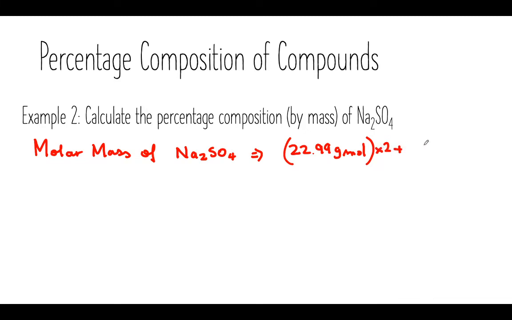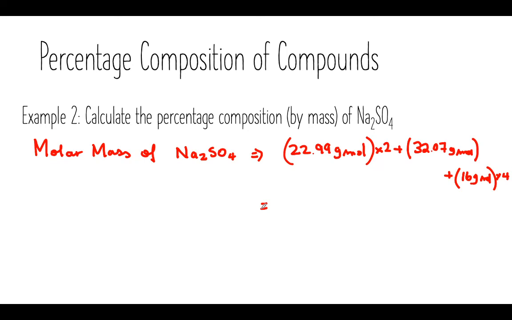Plus sulfur has a molar mass of 32.07 grams per mole. Plus oxygen, and there's only 1 sulfur, so I'm going to just leave that as is, 16 grams per mole times 4. Okay, there we go.